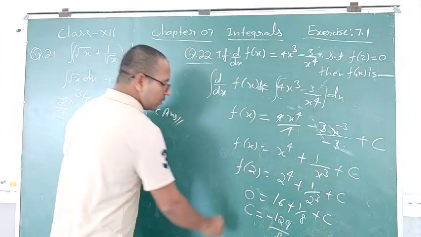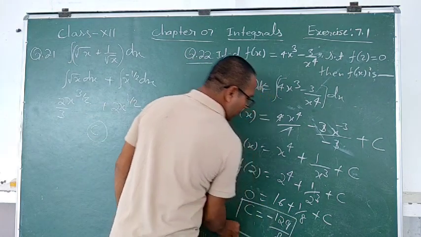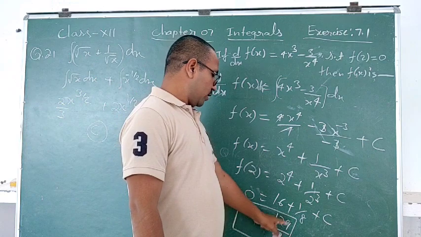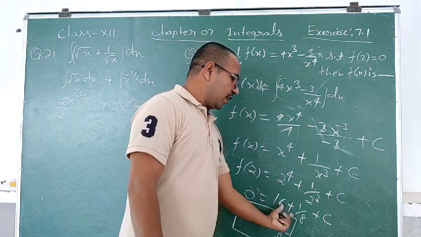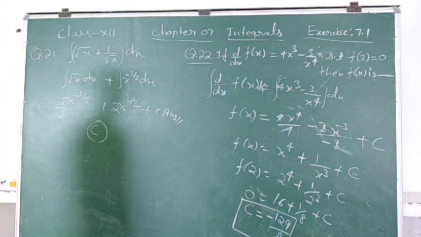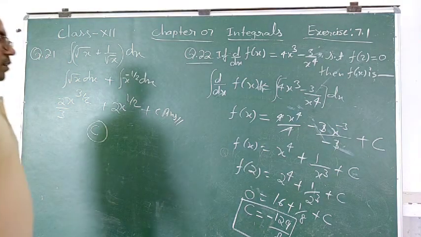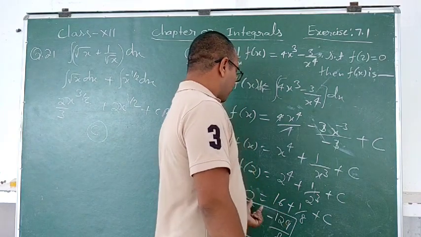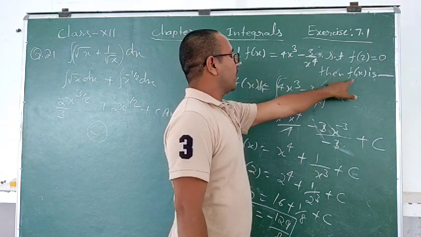This much you will get as the value of c by solving. That is, c is equal to minus 129 by 8 after taking the LCM. Correct. So now putting the value of c, f(x) is asked here.